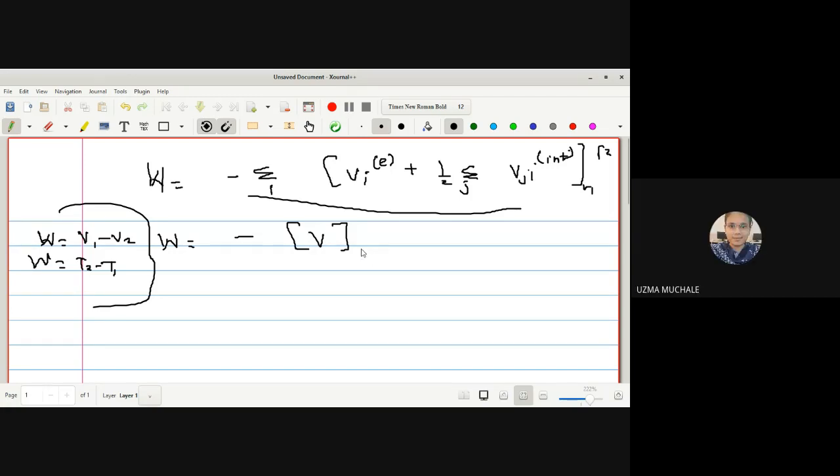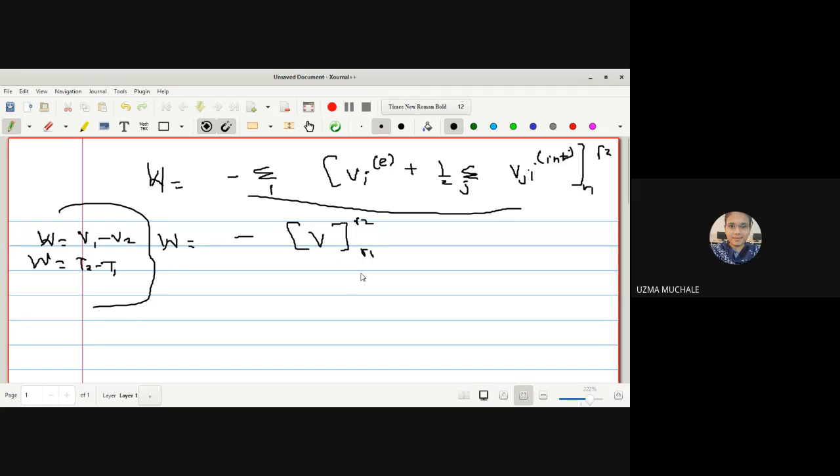Yes, ma'am. Simply this is the potential energy. We have a potential energy due to external force as well as internal force, and combining all these summations and terms, we can write it as the potential energy acting on the whole system.